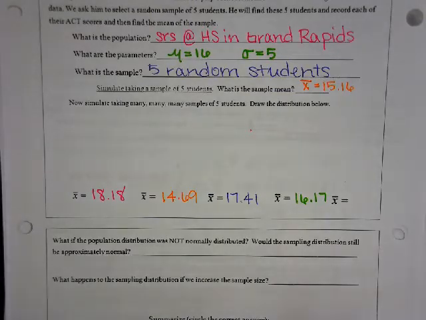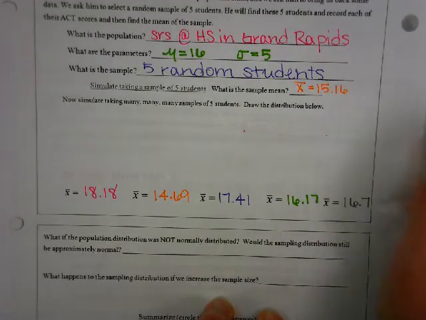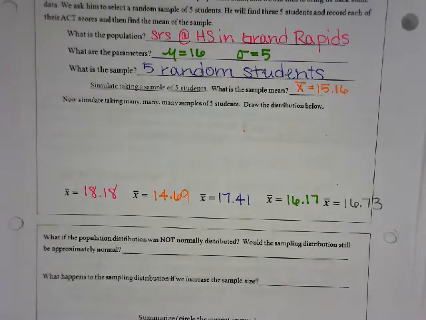It doesn't specify how many kids go to this high school, but we're going to assume it's pretty large. So if I wanted to get a true sampling distribution, so every possible sample of size 5 from the population, what shape do you think our sampling distribution would have? Normal.